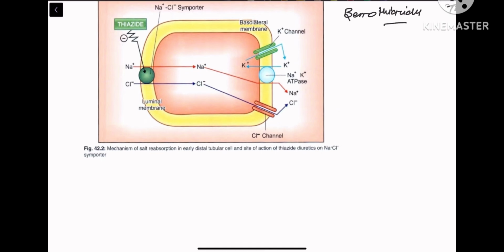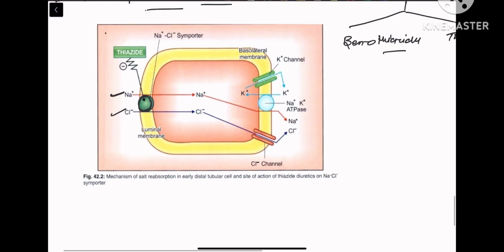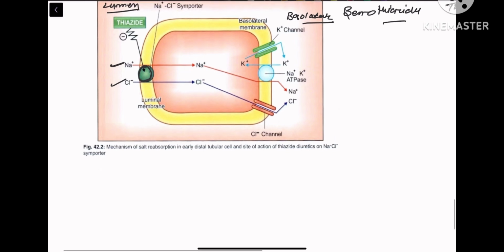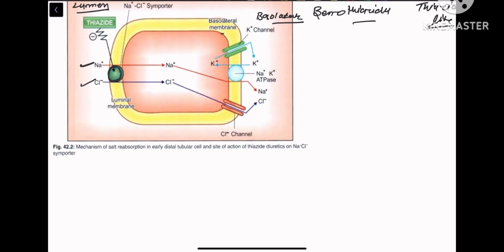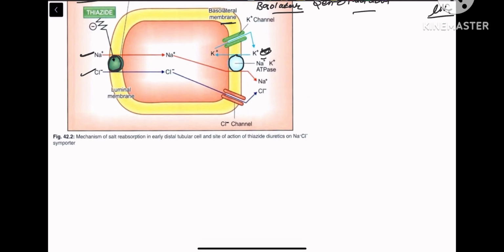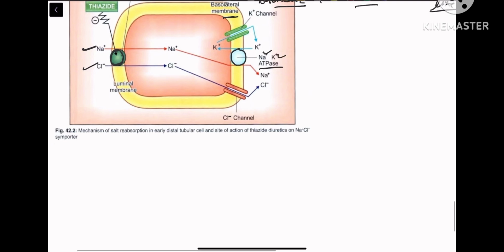Normally, the sodium chloride symport transporter transports the sodium and chloride which are present on the luminal side into the cell. Okay, here on the basolateral membrane we have another transporter called the sodium potassium ATPase.